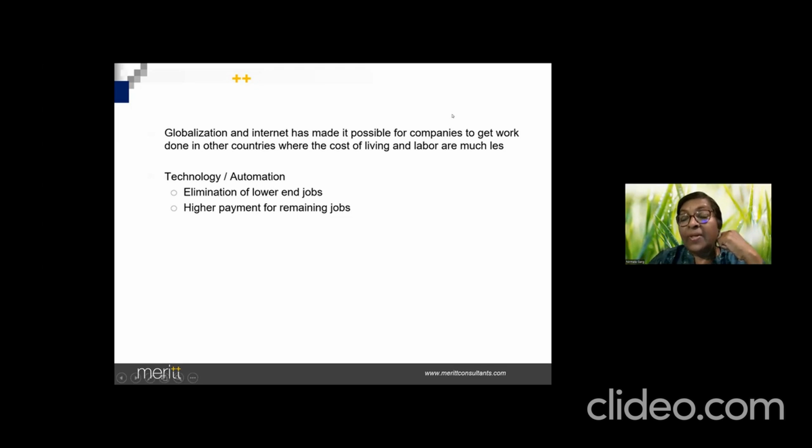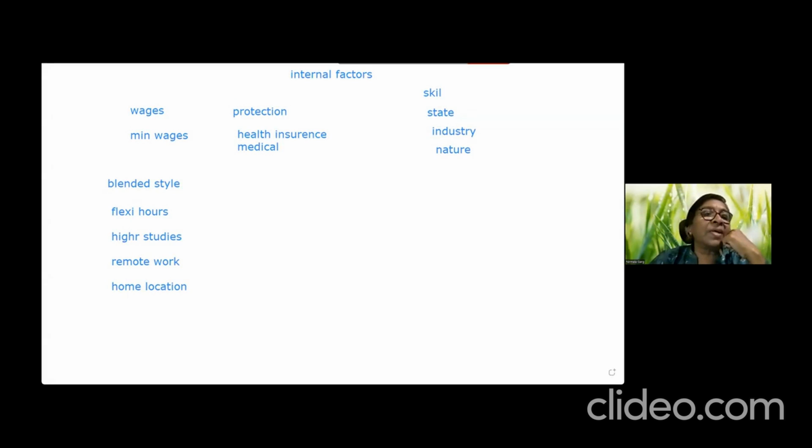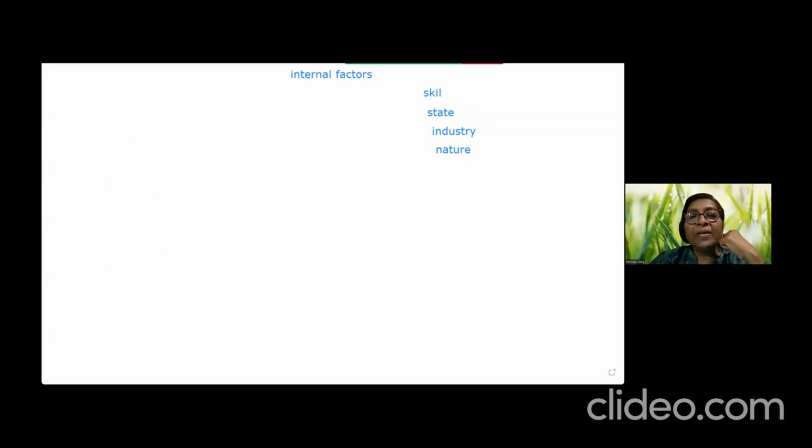Let me give you an example, and I'm sure everybody understands this. Because of technology, what has happened? Say, for example, earlier if there is a job in the US, typically a software developer, what is the kind of salary one pays in the US?